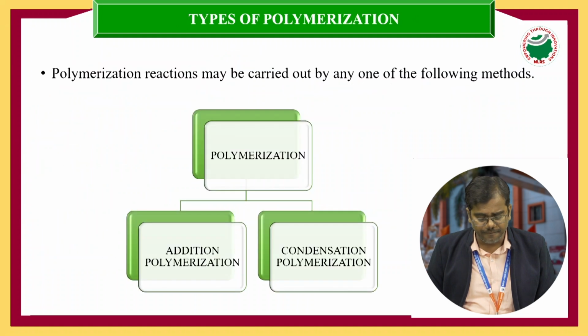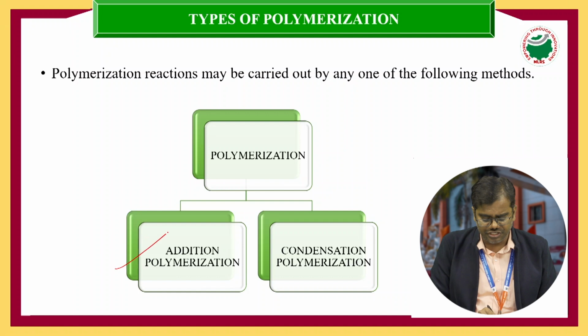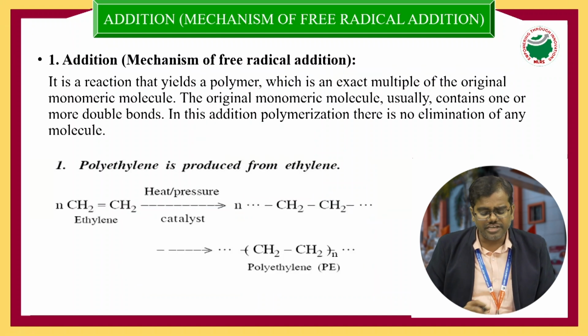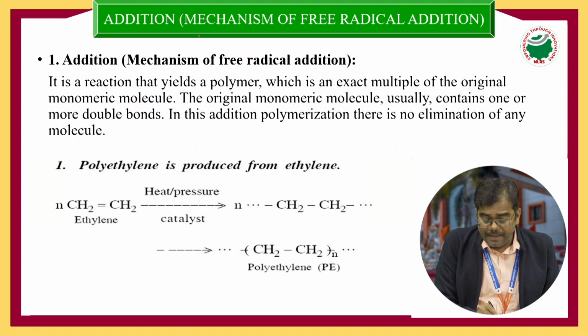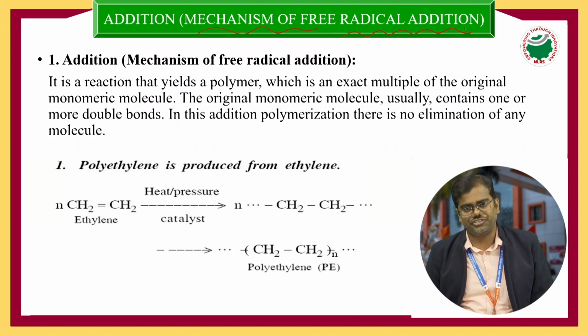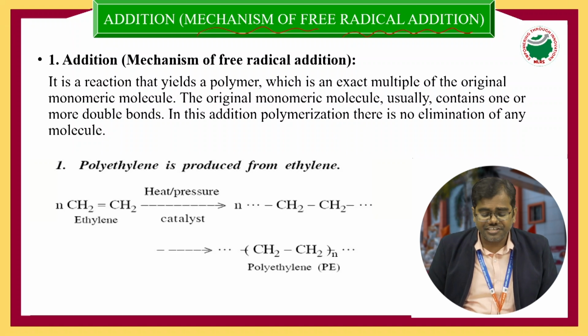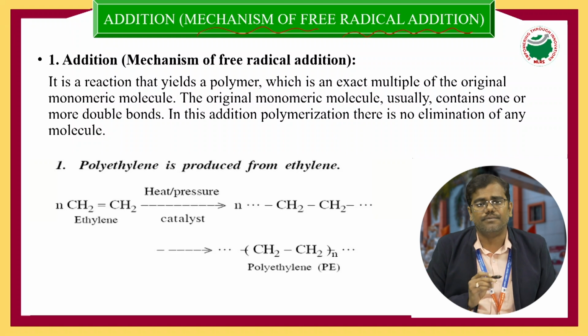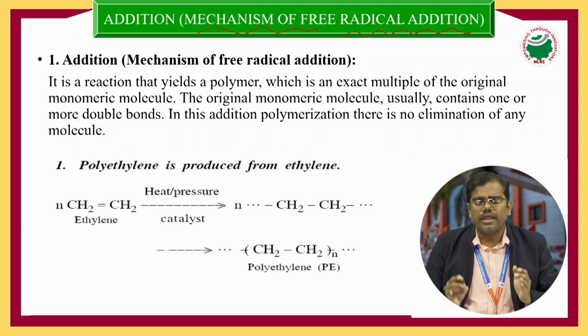Good. Next one. So these are the types of polymerization we have just discussed. One is addition polymerization, and the second one is condensation polymerization. And here, for addition polymerization, we will discuss the mechanism of free radical polymerization. What is a mechanism?